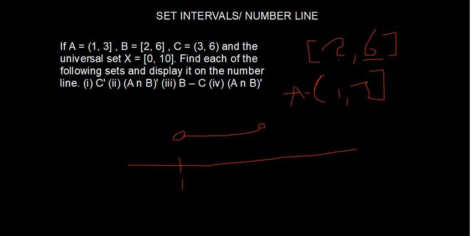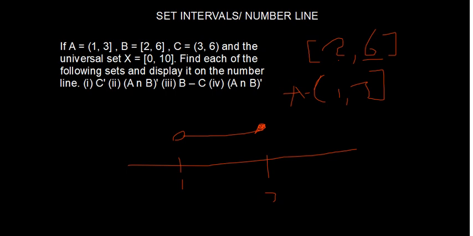Since 3 has a rectangular bracket, it is going to be shaded inside. So that is the meaning of set interval notation. That is how we represent information on the number line using set intervals.